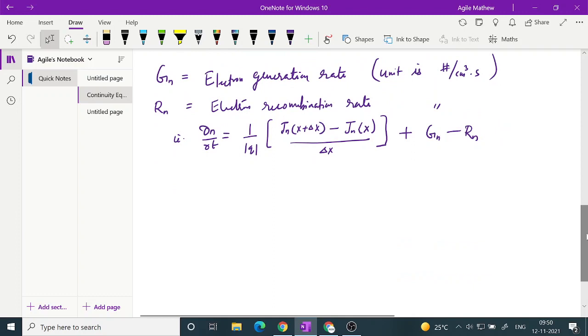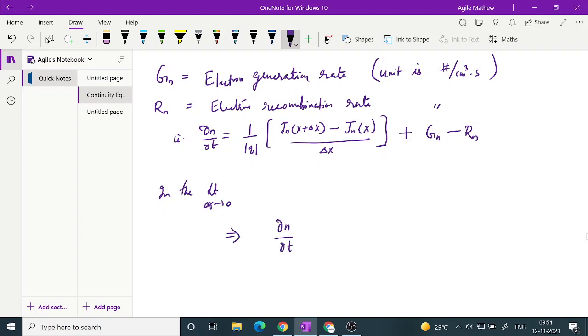Now in the limit we take a very small strip, so in the limit delta x tends to 0, what we have is dou n by dou t. You see that n is now not only a function of time, it is also a function of position. That's what we are looking at here.